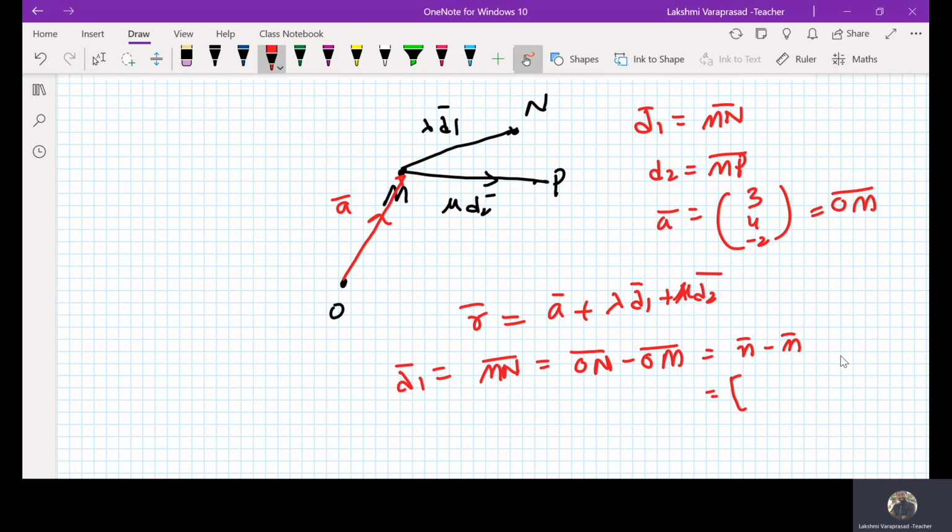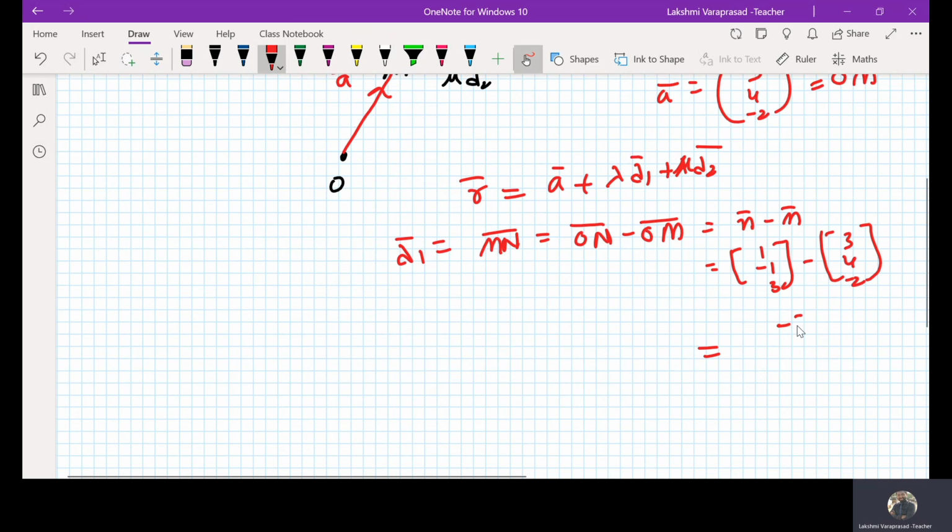Where N is 1, minus 1, 3 and M is 3, 4, minus 2. So the result is minus 2, minus 5, and 5. This is D1 bar.